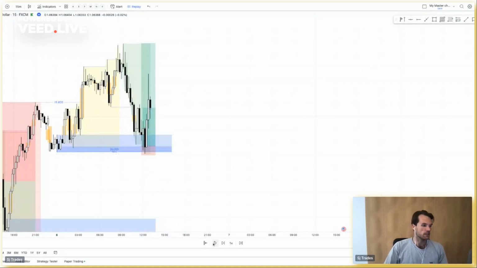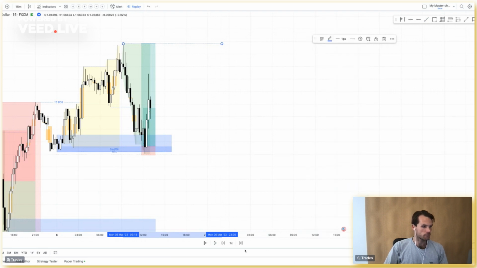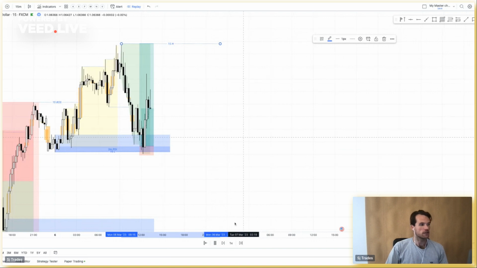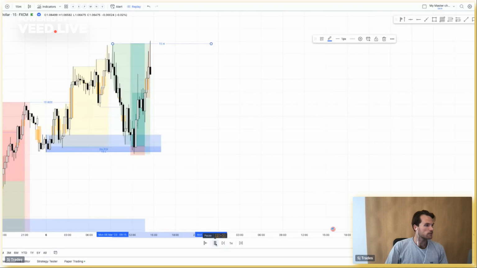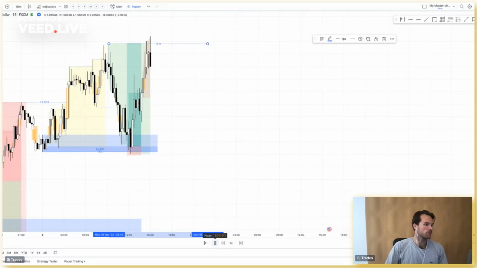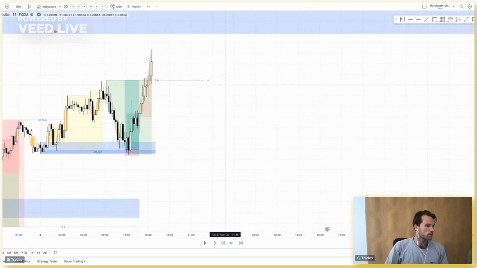So we're still in that, which is pretty nice. We're targeting the 15 high to start with, and then I'm going to look at how we would. Okay, so that would be hit target there. So we've got another breaker structure.